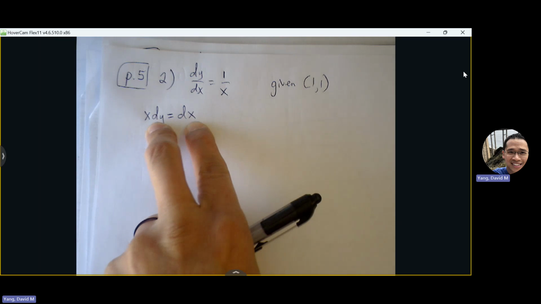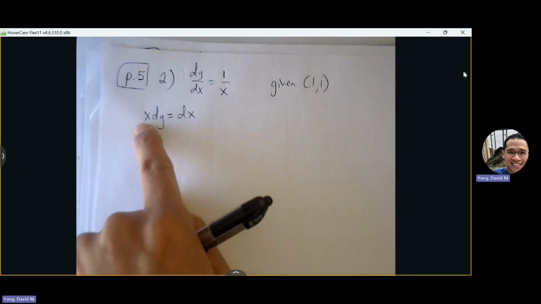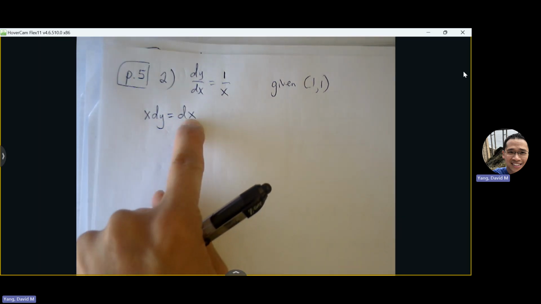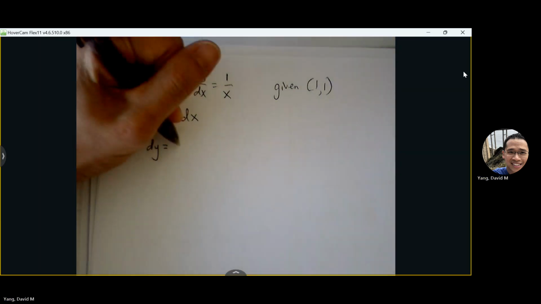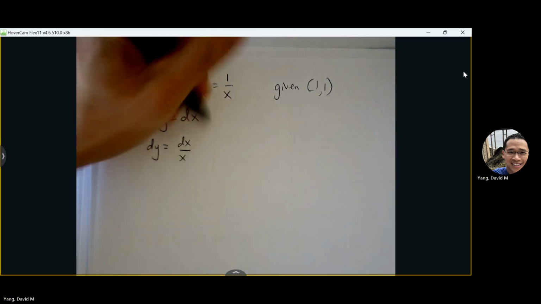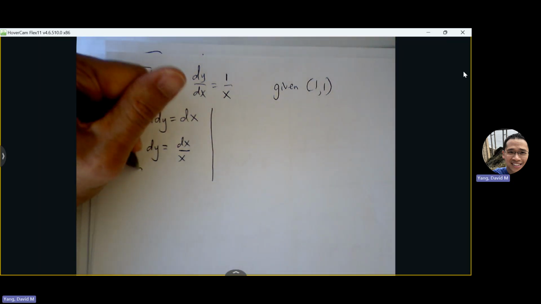Our dy and dx's are in the right places, but do we have full separation of variables yet? Not yet, right? We have the x that's out of place. So we want to move that x over to the right side on the same side as the dx. Right, now everything is nicely separated.